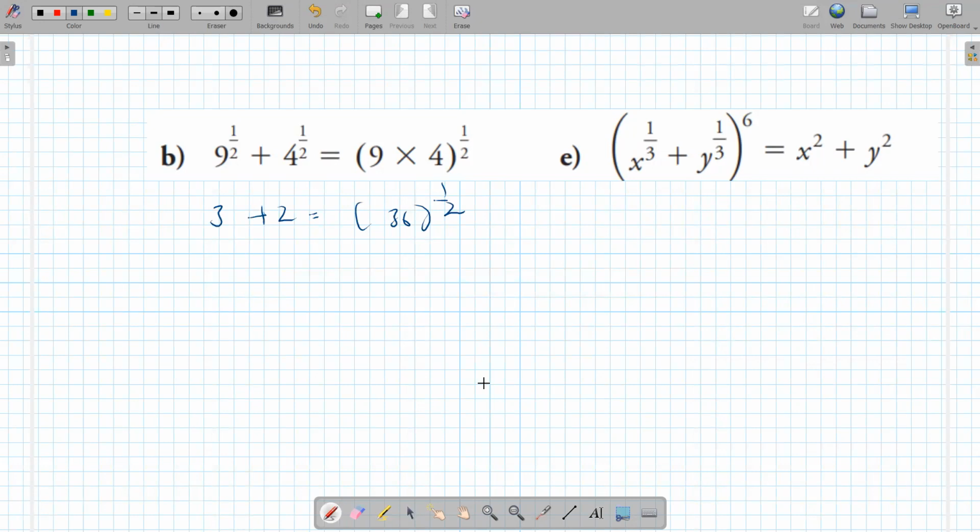It's 6, right? So this side simplifies to 6. The other side, left side, simplifies to 5. Is that true or false? False, right? So this is false.